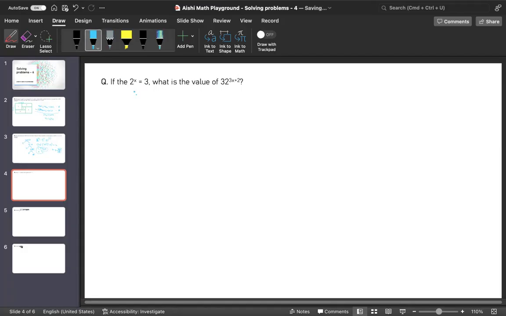So, 2 to the power 5 to the power 3x plus 2, right? This is equal to 2 to the power 15x plus 10. So, what can we do over here? All right, so this is equal to 2 to the power 15x times 2 to the power 10.